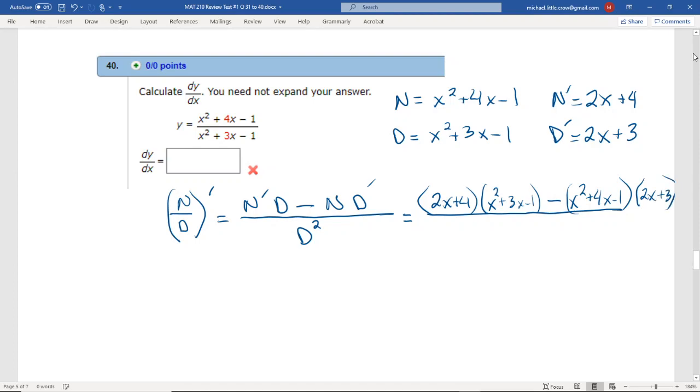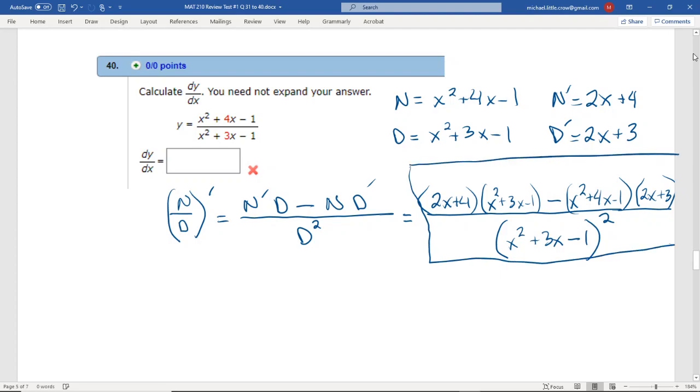That'd just be a mess to have to multiply all that out, right? And then you just take that denominator, x squared plus 3x minus 1, and you square it. That's it. That's all we need to do. Okay, so we've taken this, and we now have a function that is the derivative function.